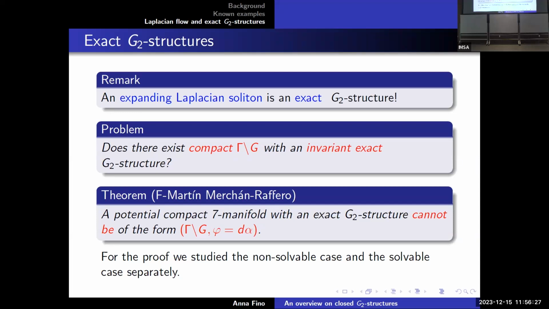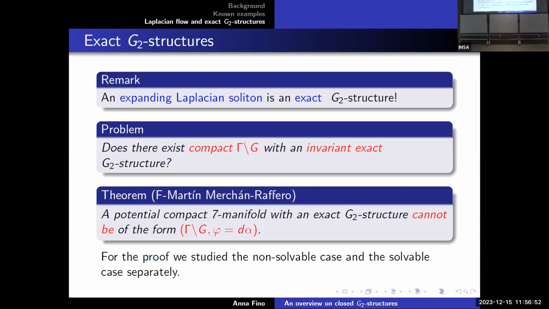And of course, what we look at is natural, right? Many examples are of that type, like the quotient of a Lie group by a lattice. So we look, with Lucia Martin and Alberto, at what you can say about compact quotients of that type which admit such a closed form.